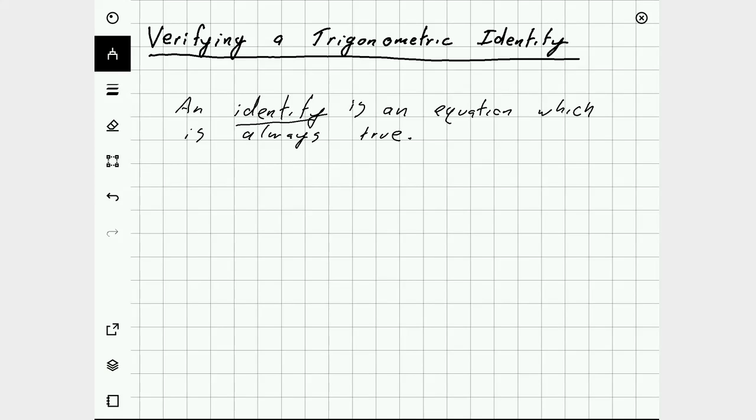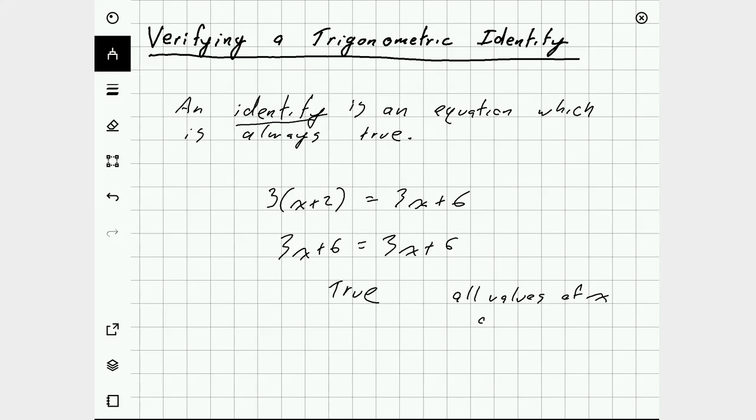When you were first learning to solve linear equations, one of the things that you learned was to recognize that if you had something like 3 times x plus 2 equals 3x plus 6, that's two ways of writing the same thing. This equation is true, which means that all values of x are solutions.